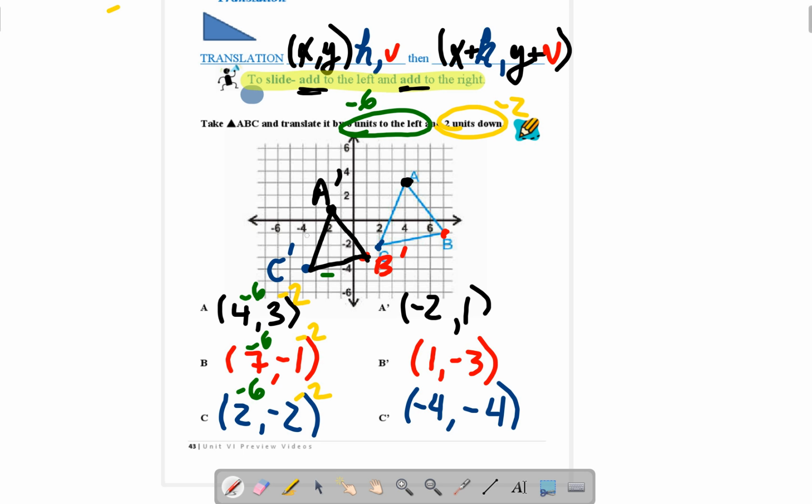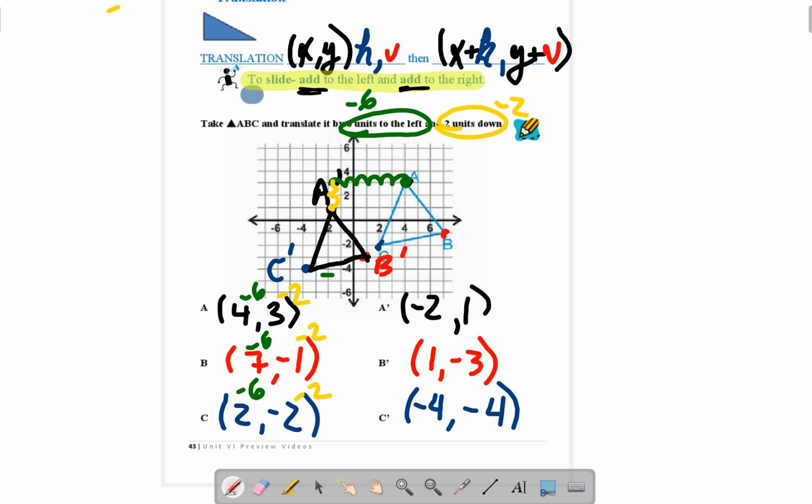So that was algebraic. Watch very carefully. I'm going to take A. Put your pencil at A. Ready? We're going to go 6 units to the left. Let's just bunny hop it. Now go 2 units down. Oh, looky there.